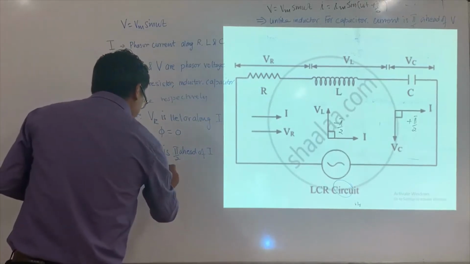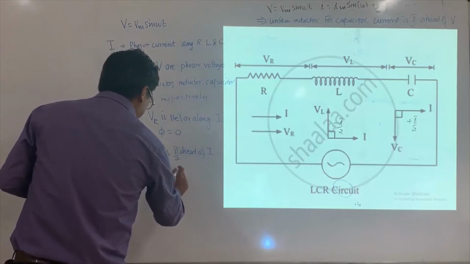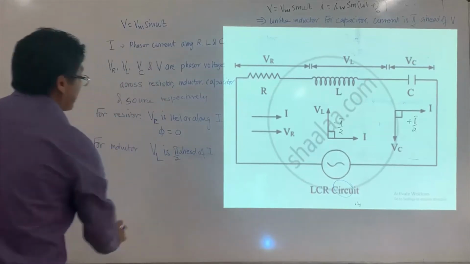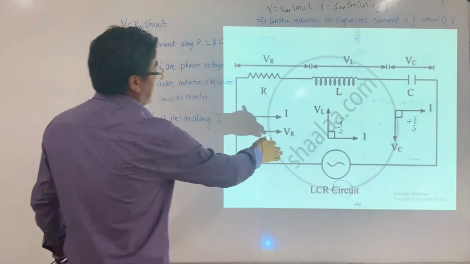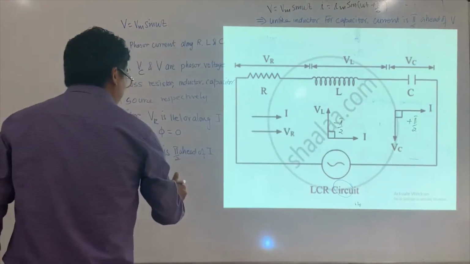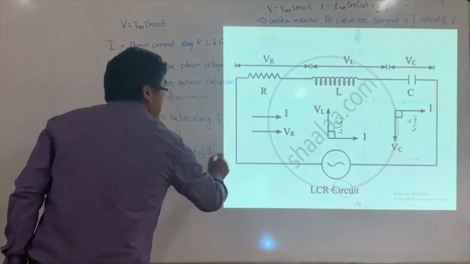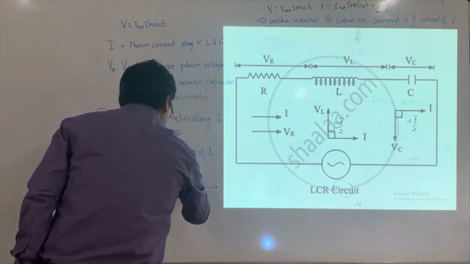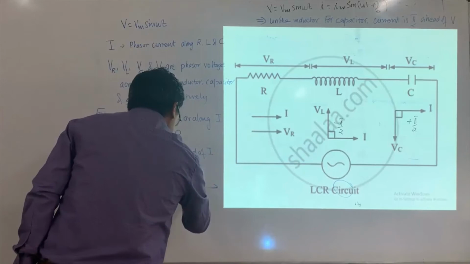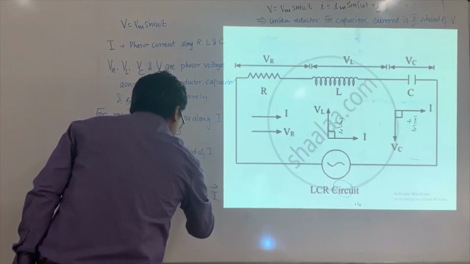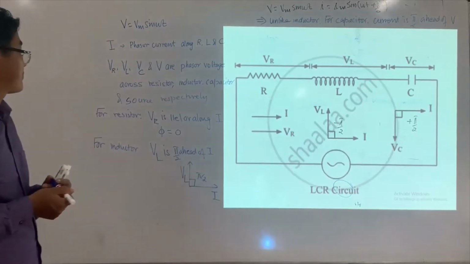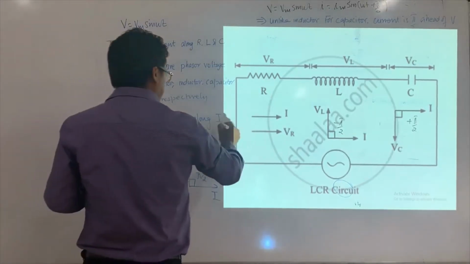Phi is going to be pi by 2. So this is the diagram. Let me write here also: V, then VL, then I, and this is pi by 2. This diagram is this, right?